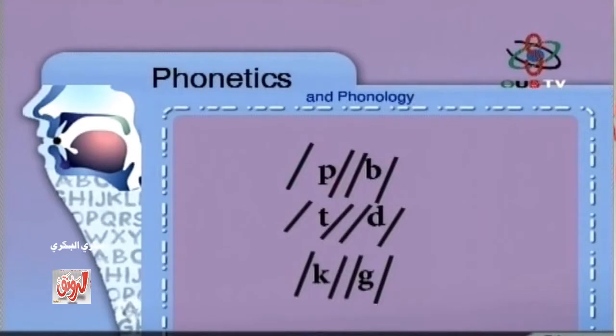And we write it in this way. The first sound is voiceless, the second is voiced. So the pa is voiceless, the ta is voiceless, the ka is voiceless. The ba is voiced, the da is voiced, and the ga is voiced. So if I want to describe any consonant of these, just look at the top. The pa is bilabial, stop, and voiceless.